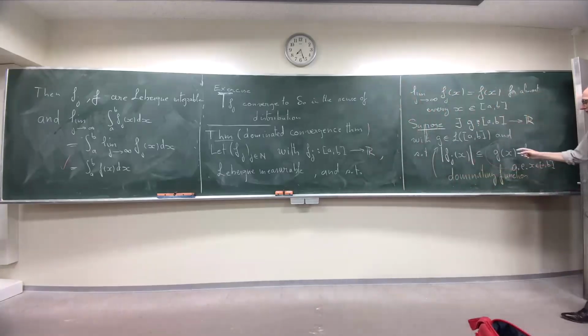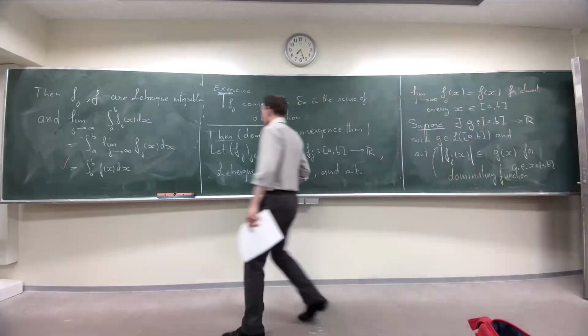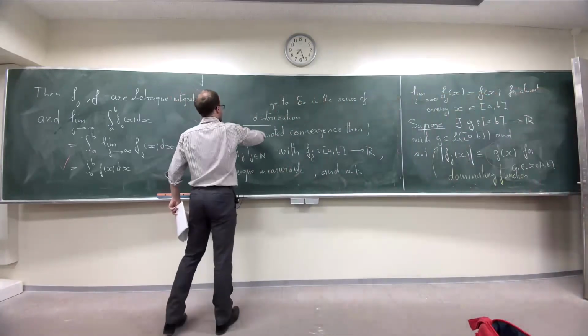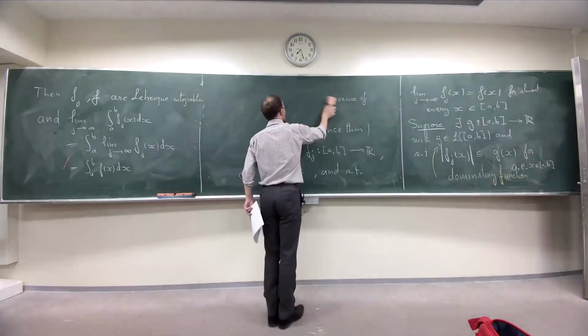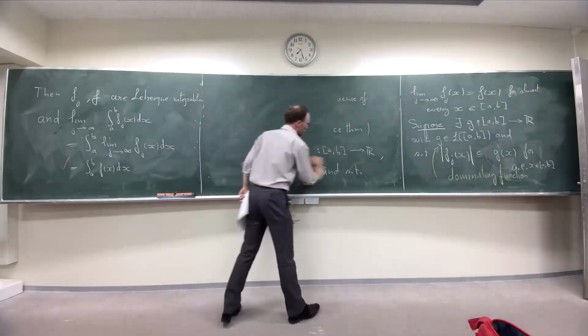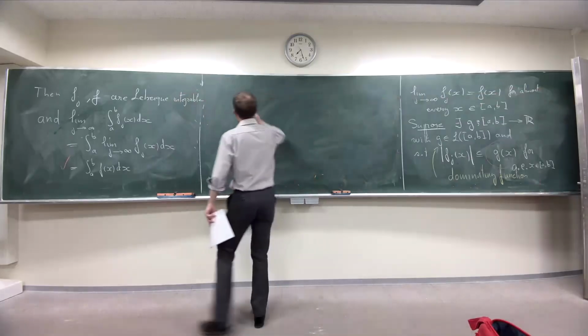If you don't have g, then think about this. So let me write it. If we don't have g, then the Dirac delta distribution would be a function. So remark.